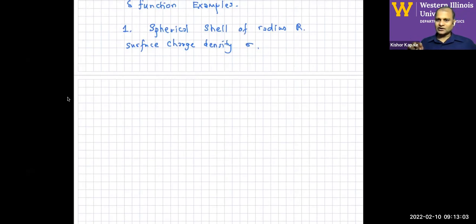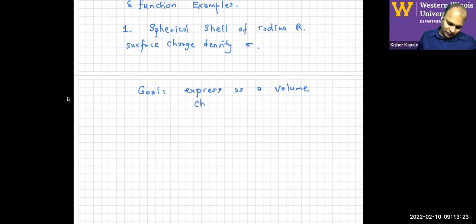The goal for delta function is, it doesn't matter how your charge is distributed, whether it's 2-dimensional, 1-dimensional, or discrete charges or anything, you want to be able to express it as a volume charge density, right? So the goal always is to express it as a volume charge density.